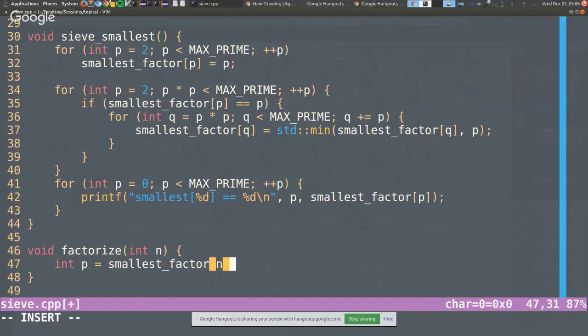So we can always get the smallest prime divisor of some number, and we keep going while we can divide.